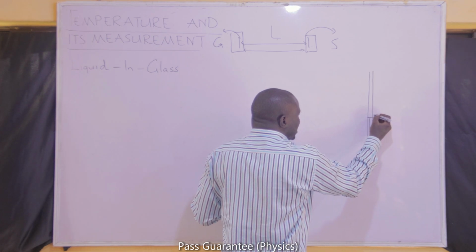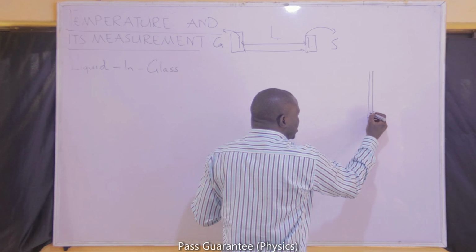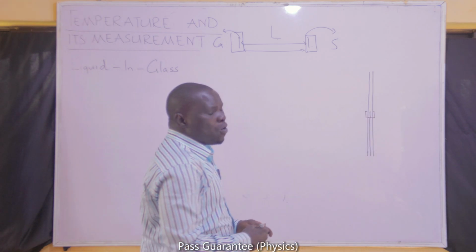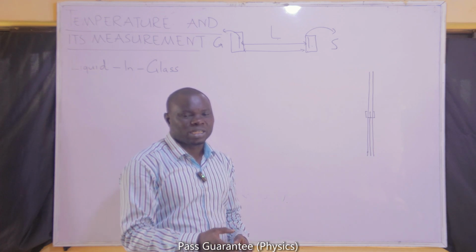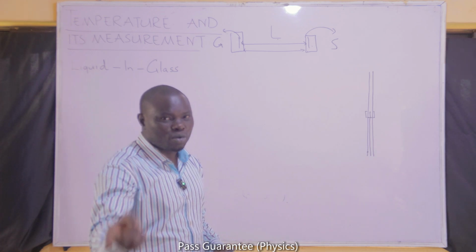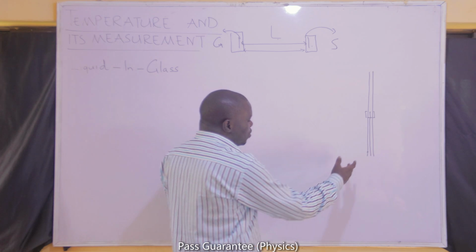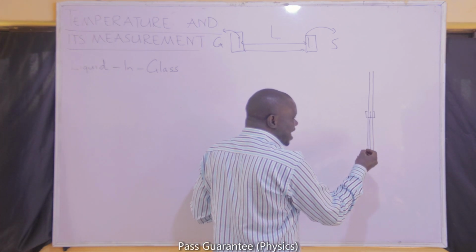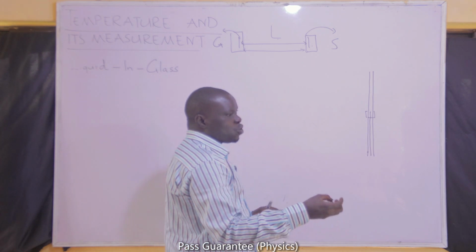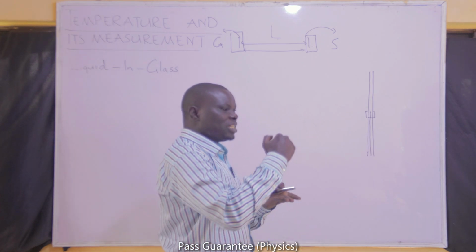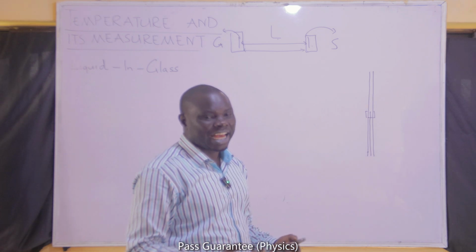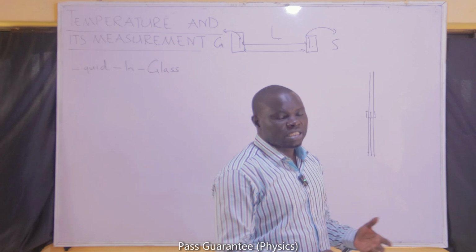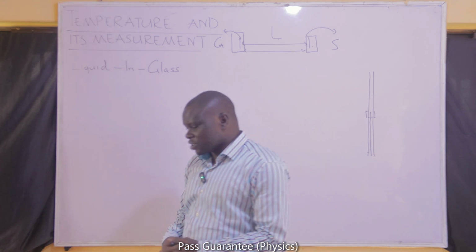Imagine a thermometer that can give you a wide change for a small change in temperature, then that is good. And because alcohol has greater expansivity, alcohol expands 6 times more than mercury, a slight addition of heat to alcohol will give a wide change in its volume. So alcohol is preferred for sensitivity, while mercury is preferred for conductivity.